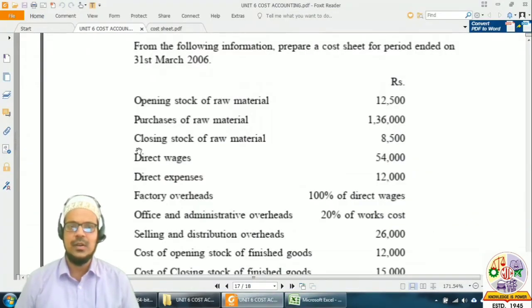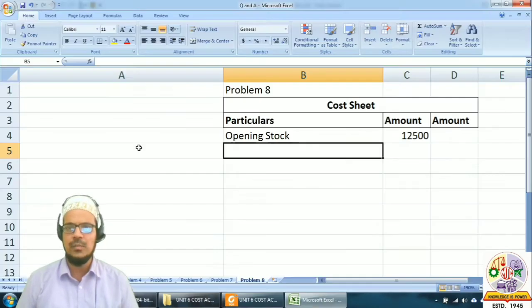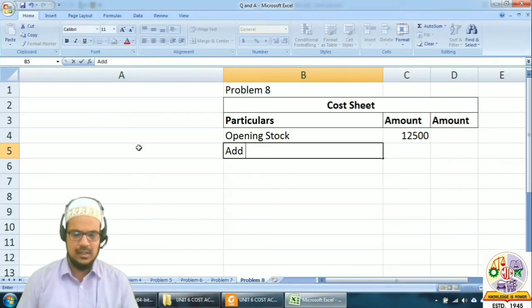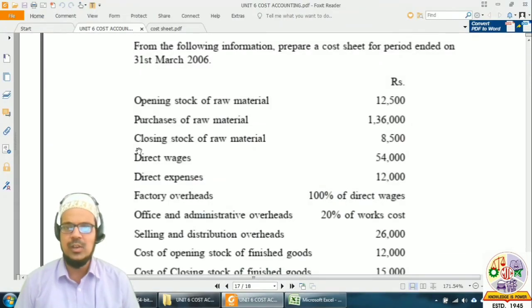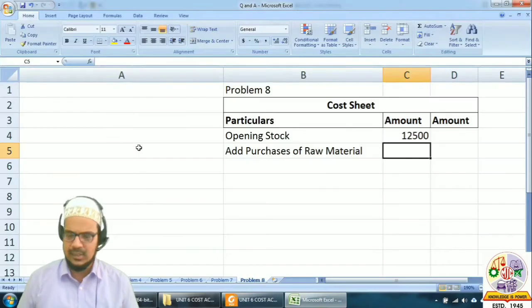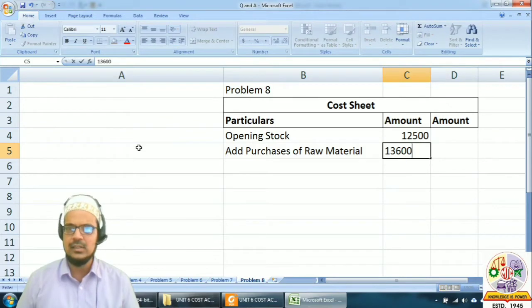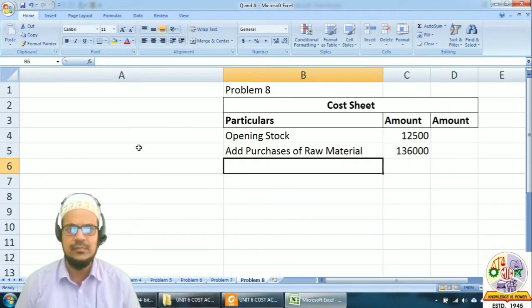Then comes purchases of raw material. So add purchases of raw material. How much material we have purchased? 1,36,000. So 1,36,000 we will write here.